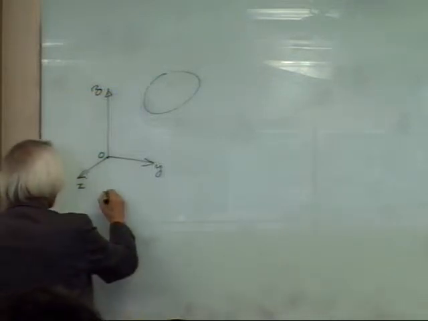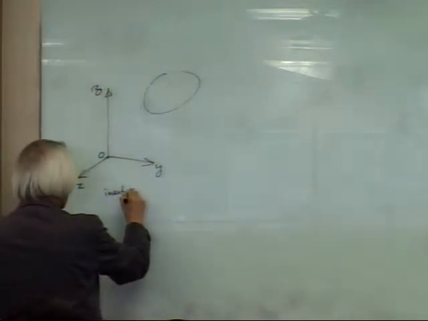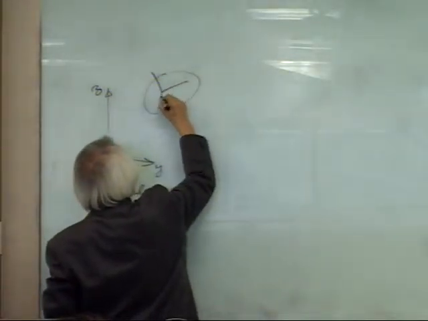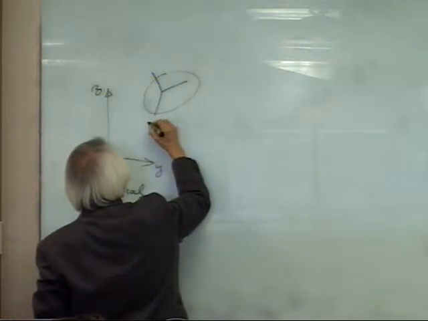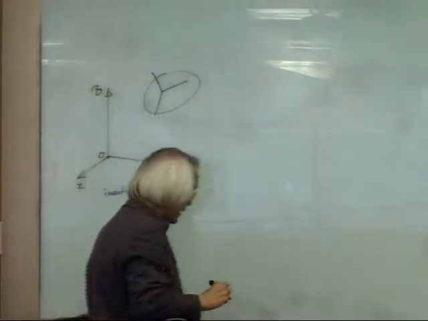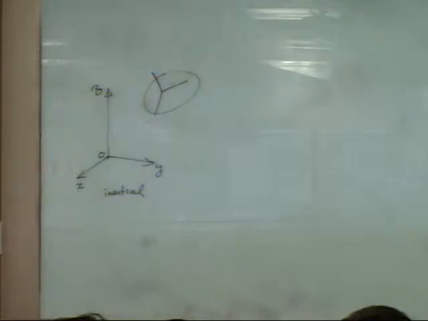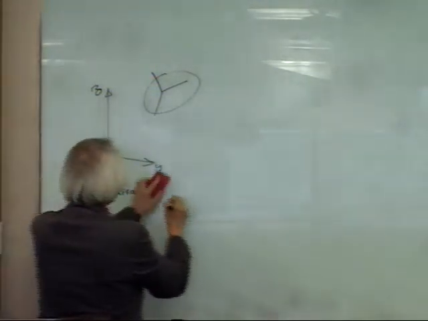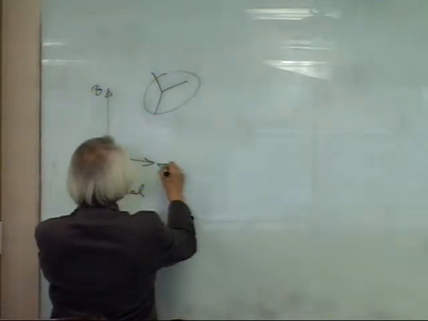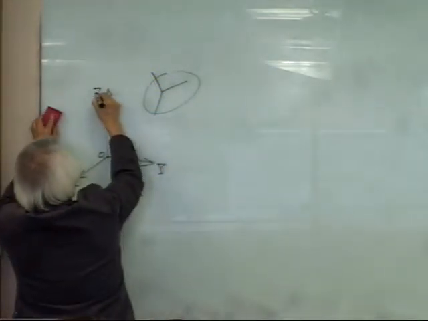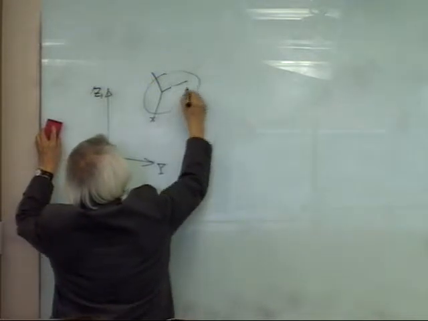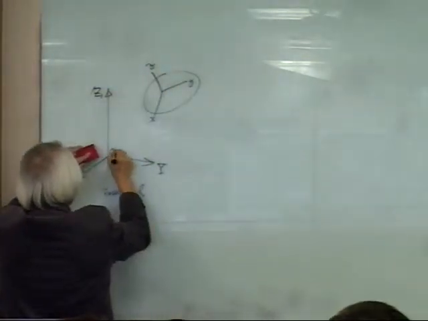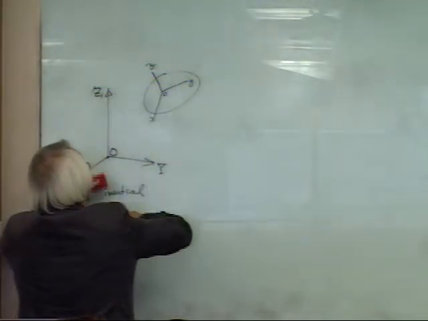One is inertial, and we attached here another frame. I think I used the sign convention like this: this is capital X, capital Y, and capital Z, and this is xyz. And this is a big O. This is a little o.